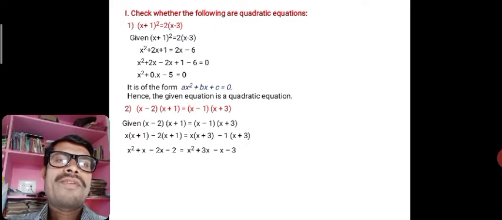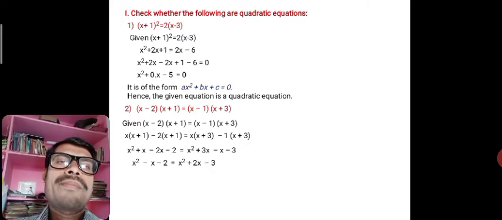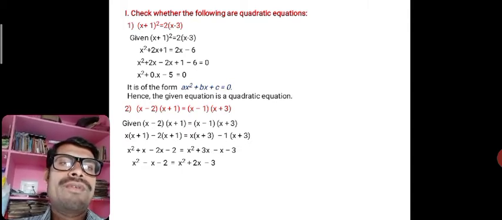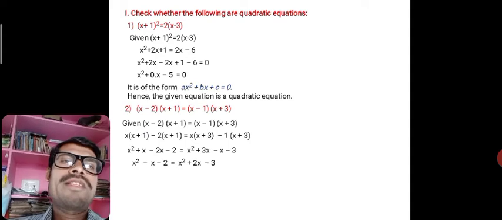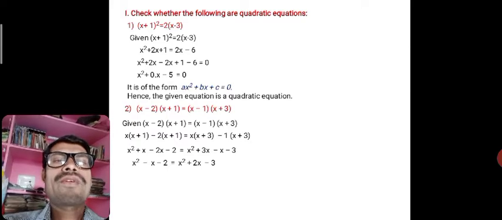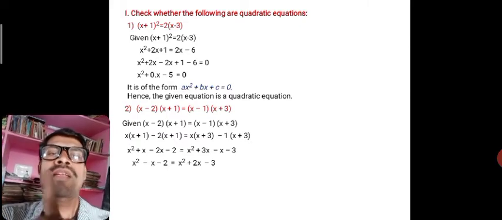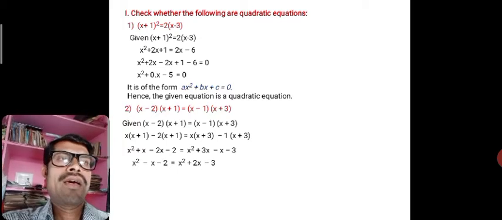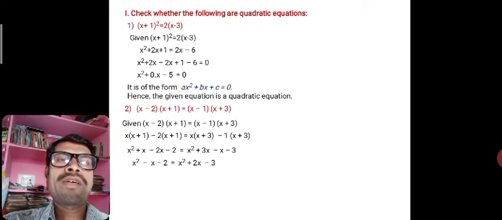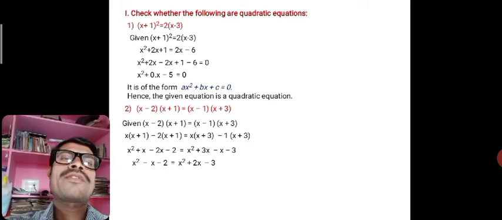Now again simplify. x square plus x minus 2x is minus x, minus 2 is equal to x square you keep as it is, plus 3x minus x is plus 2x, minus 3 you keep as it is. Again you take this LHS x square minus x minus 2 towards your right hand side, because x square plus 2x minus 3 is bigger than x square minus x minus 2 here.